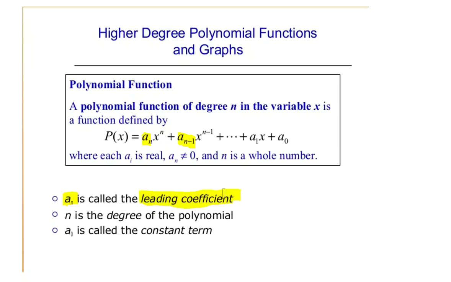Leading coefficient. N is the degree of the polynomial. So whatever that highest exponent is, that's the degree. You'll need to know that also as a definition. And a sub 0 is the constant term. And hopefully that's something that we know already. But that is vocab that you will have to know as well. So constant term.